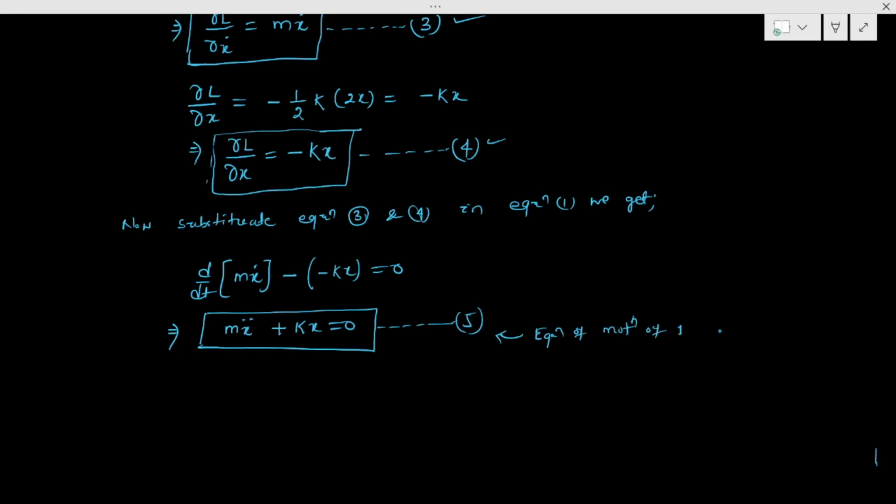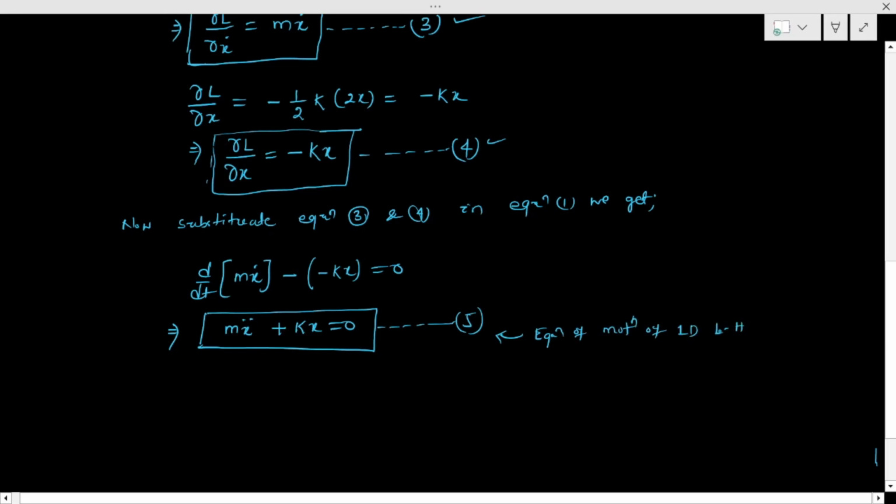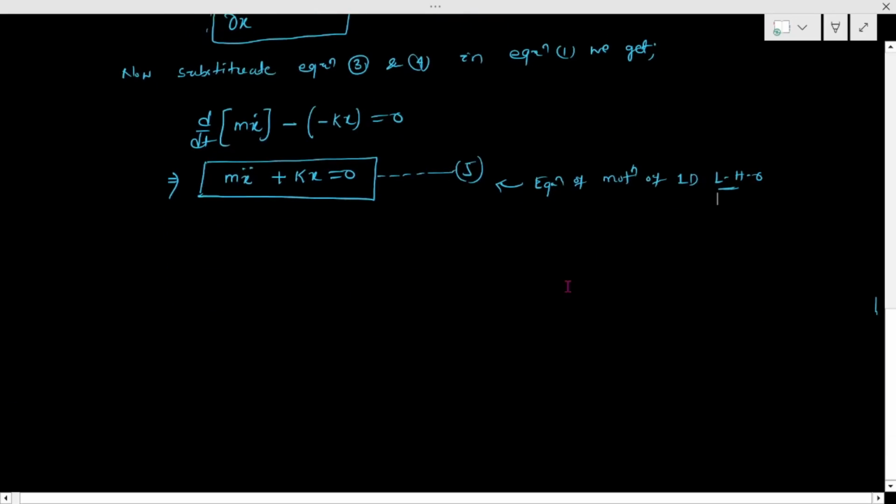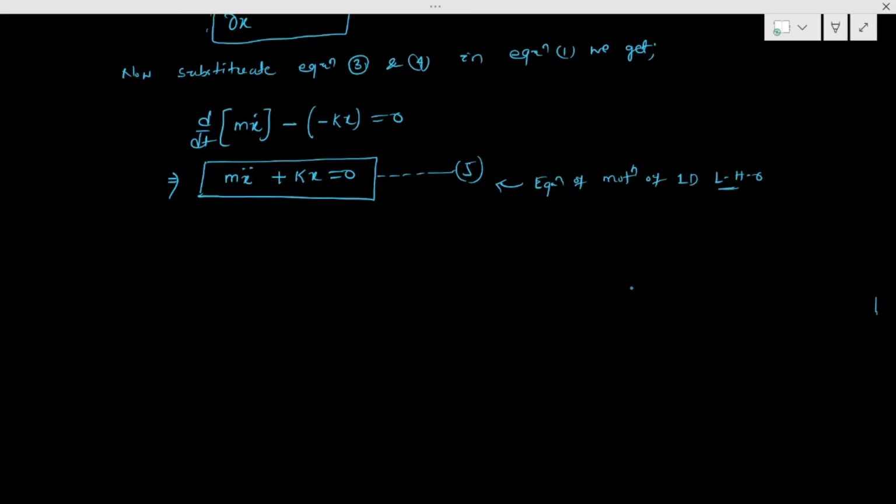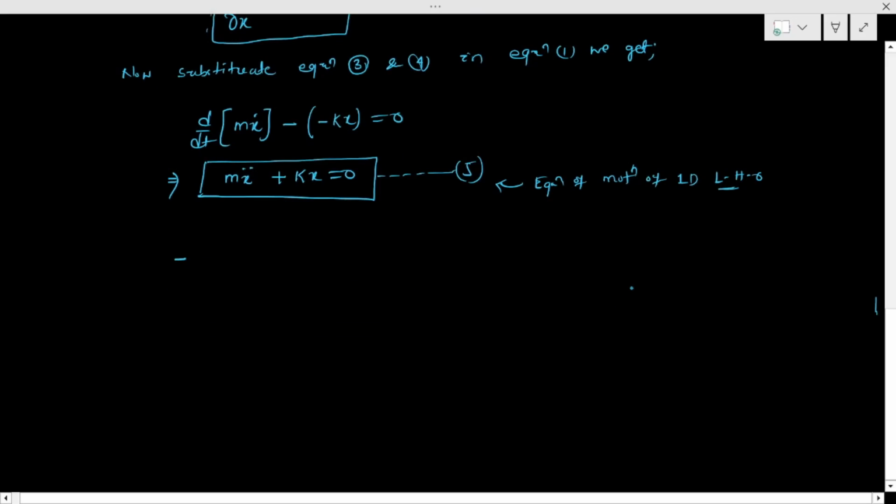Now we are going to modify this equation number 5 somewhat. That implies this equation can be written in this format also: ẍ plus, dividing each term by m, (k/m)x equal to 0. Let this be your equation number 6.